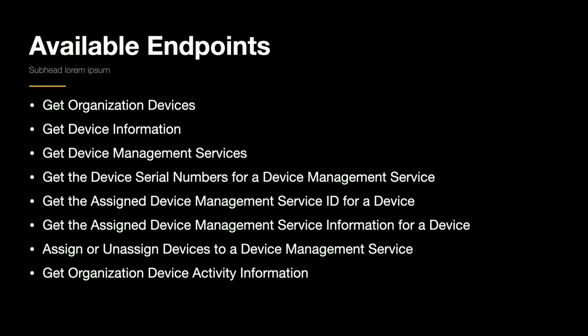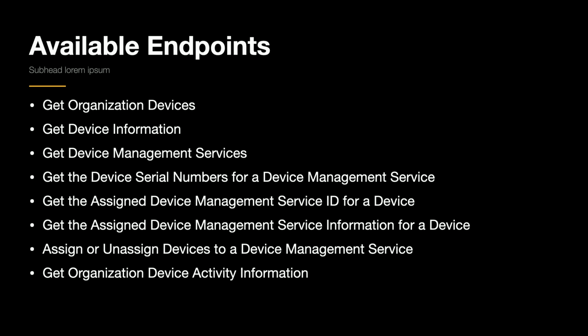You can get the serial numbers of the devices that belong to a specific device management service. So your flow might be: get the list of device management services, loop through that list, and for each one ask for the serial numbers assigned to it, and now you've got that organized by MDM or device management service.